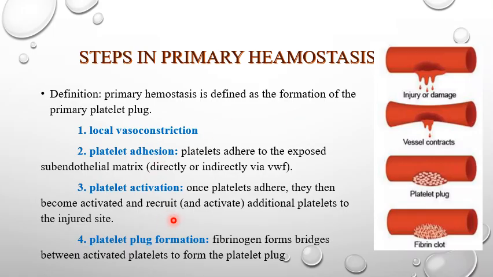Third is platelet activation. Once platelets adhere, they then become activated and recruit additional platelets to the injured site. Fourth is platelet plug formation. Fibrinogen forms bridges between activated platelets to form platelet plug.